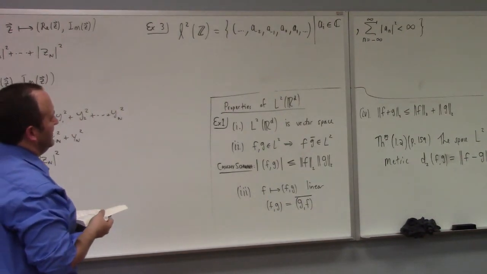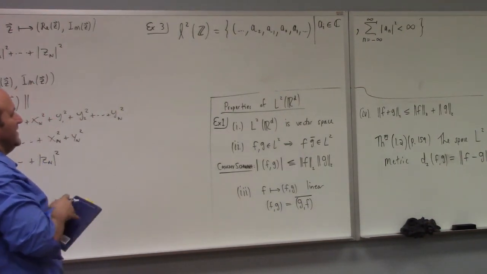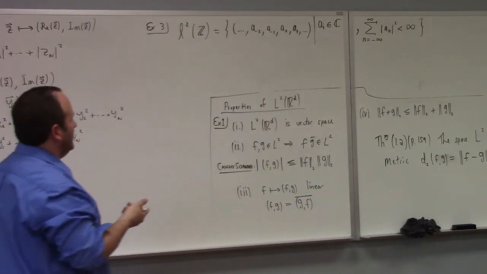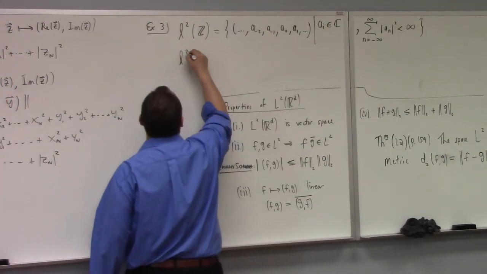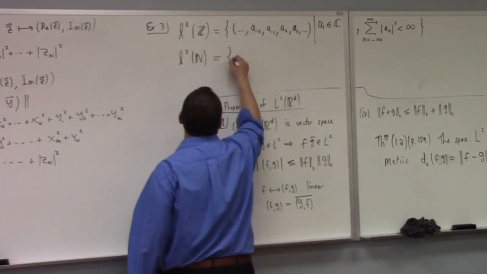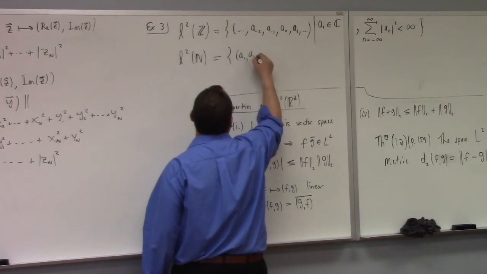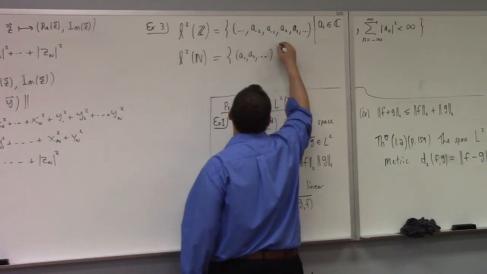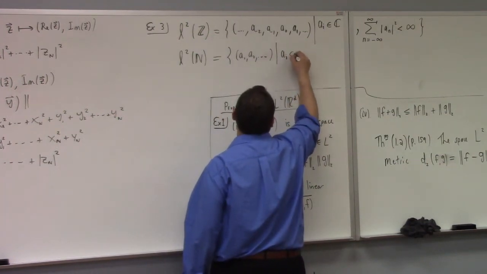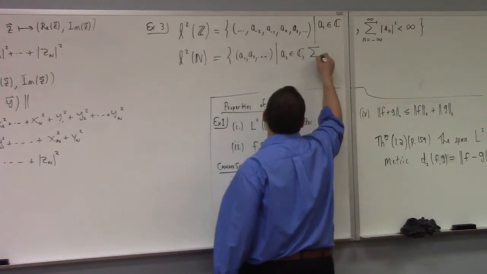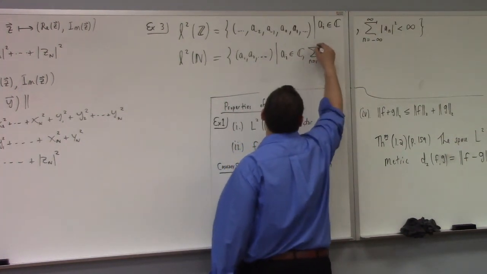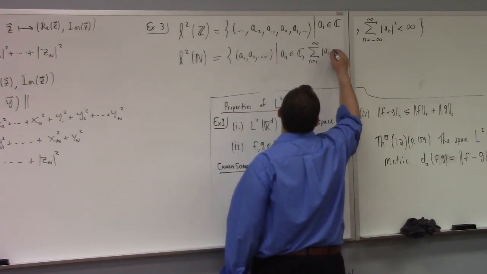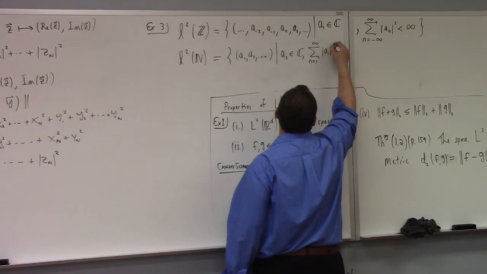I don't know why the A sub I and C is so far up there, but sorry about that. But this is L2Z. There's also L2N, and so forth and so on, such that the sum n equals 1 to infinity of the absolute value of A sub n squared.